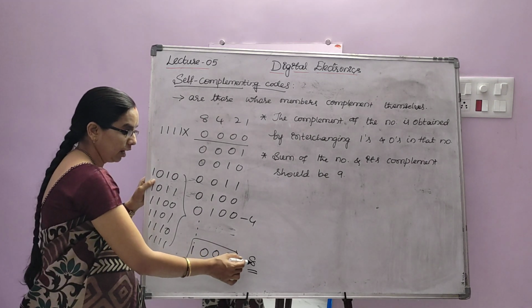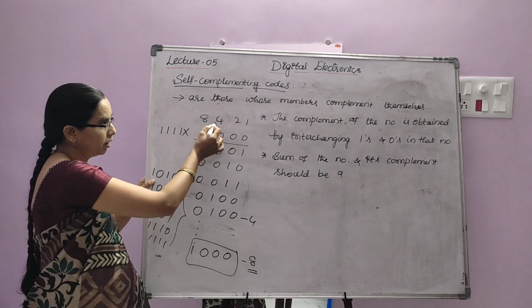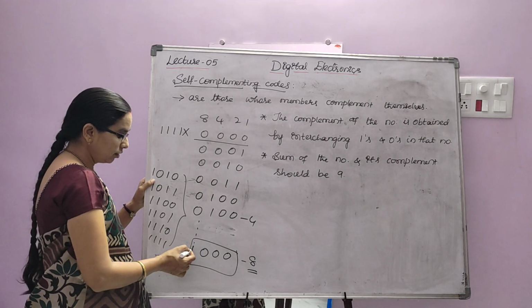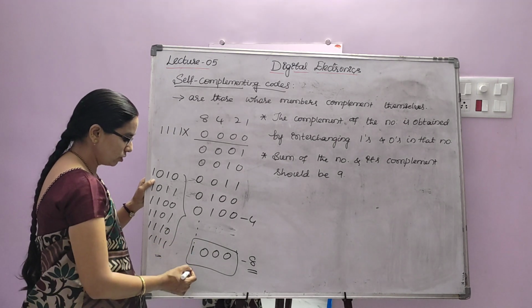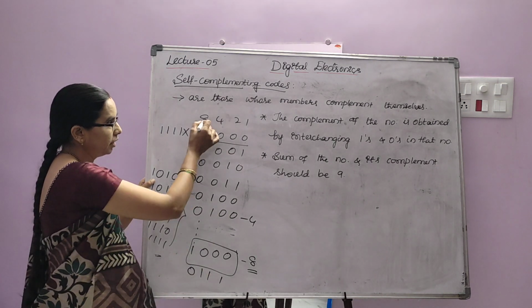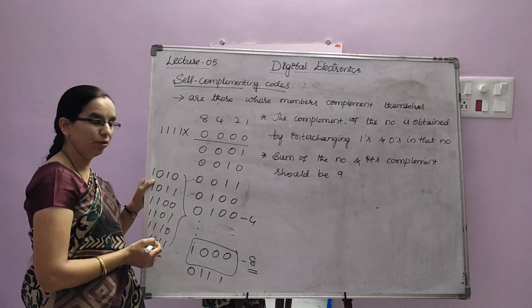Decimal 8 can be represented in 8421 code, that is 1000. The complement of 1000 is 0111, which is there in the 8421 code.